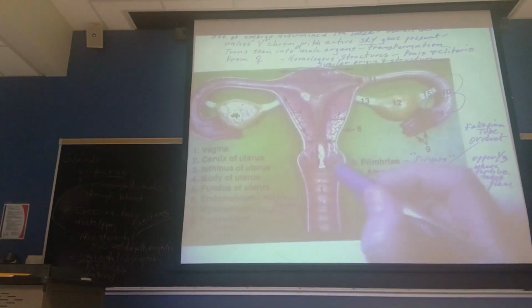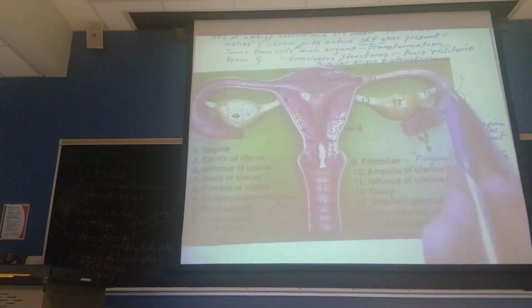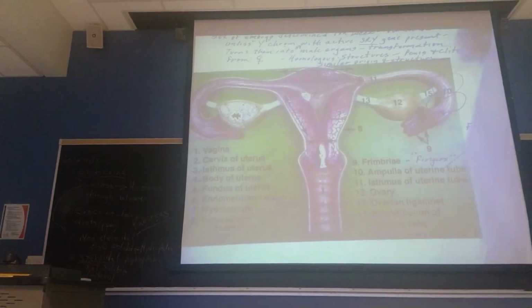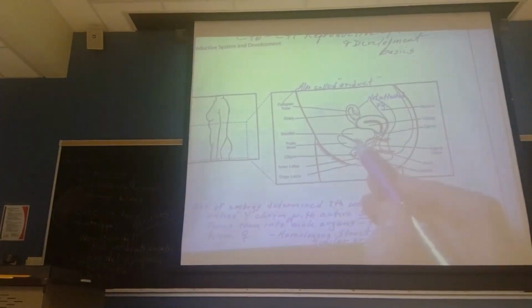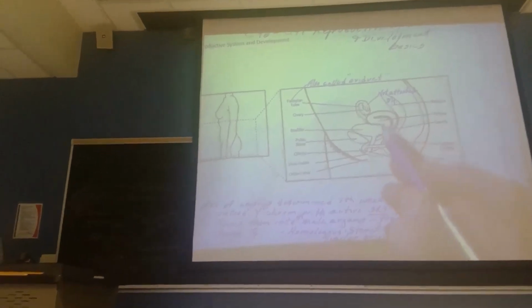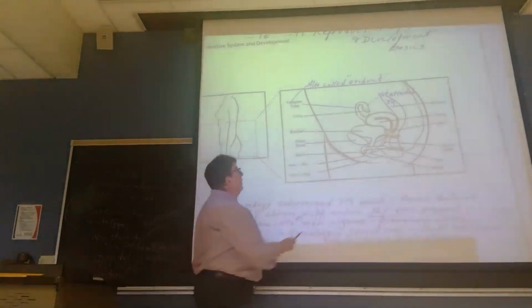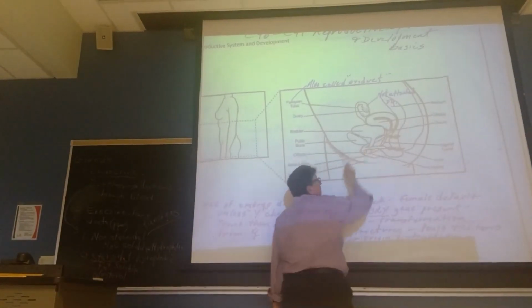So vagina, cervix, uterus, oviducts, fallopian tubes, and the ovaries are here. And up here you see that the bladder is actually underneath the uterus. So now you know why if a person is pregnant, they have to go to the bathroom all the time, because that developing baby right here is going to be sitting right on top of the bladder.